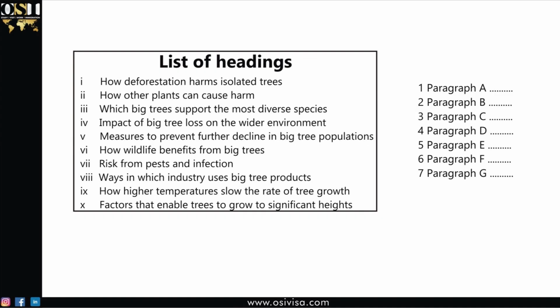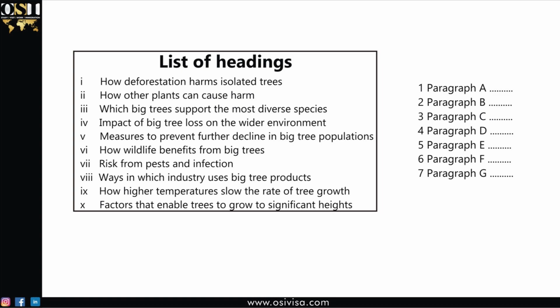Now, with any reading question, the questions are always written after the passage. However, with list of headings, the questions are always before the passage. So that kind of indicates that you're supposed to read these headings first and then move on to the passage. As you can see, there are 10 different headings over here, all of which are important.